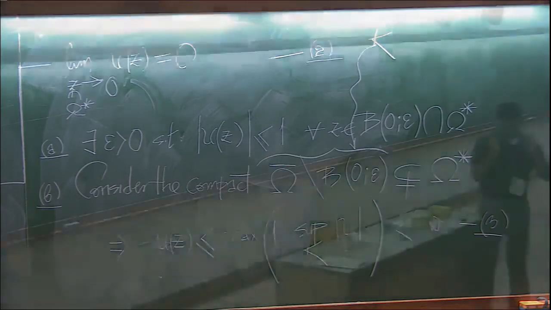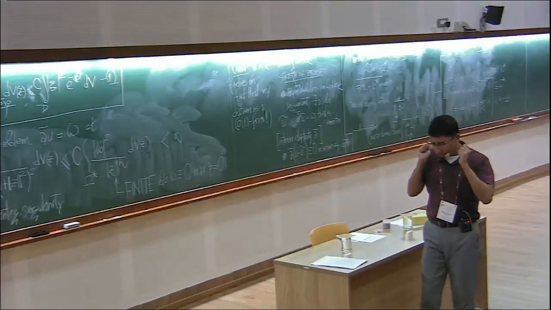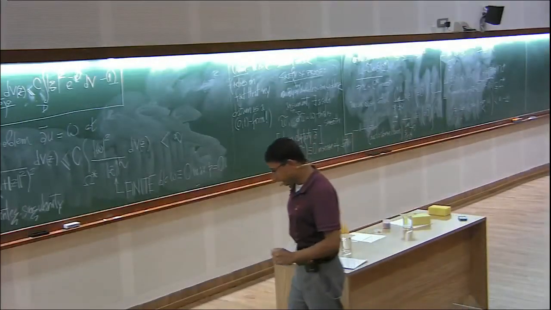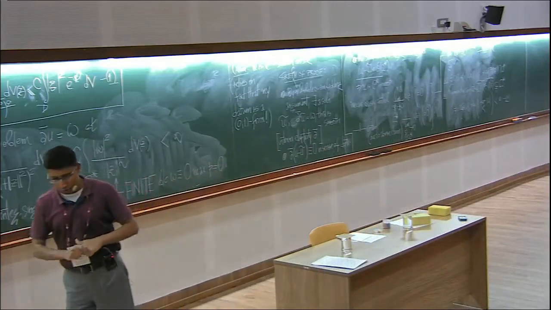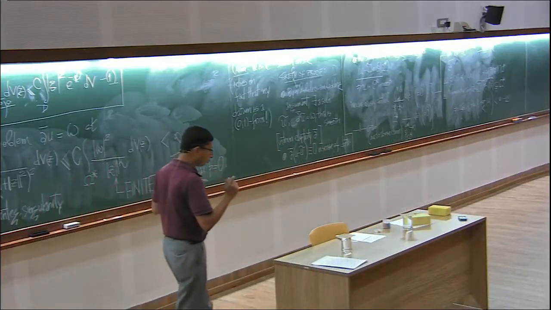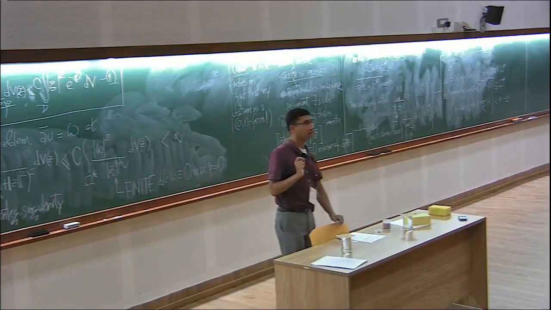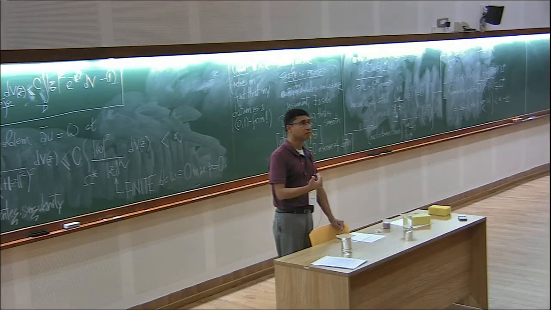Now, of course, the global regularity of the Neumann operator N1 will, among other things, produce for me a solution. In fact, this is the solution that is orthogonal to the kernel of D bar.